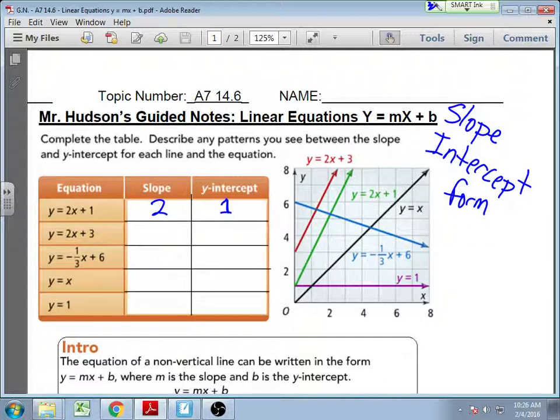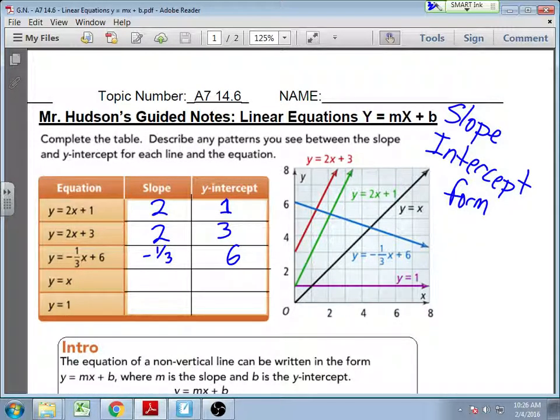The next one, what's my slope? 2. And the y-intercept? 3. My next one, what's my slope? It's on your paper if you can't see it. Negative 1/3. Very good. My next one, what's my slope?